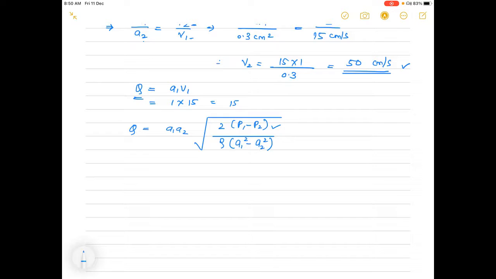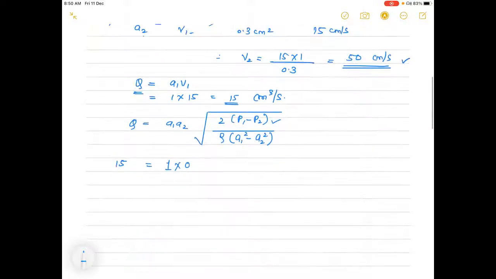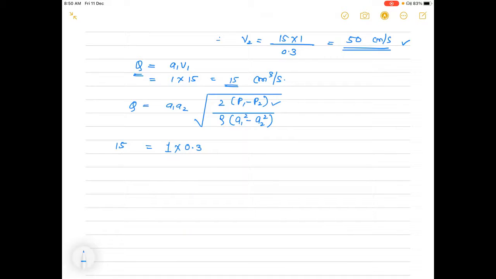Q we have calculated as 15 centimeter cube per second, equal to A1 into A2, that is 1 into 0.3, into root of 2 into (P1 minus P2) upon rho, where the density of water we consider as 1, and A1 square is 1 square minus 0.3 square.